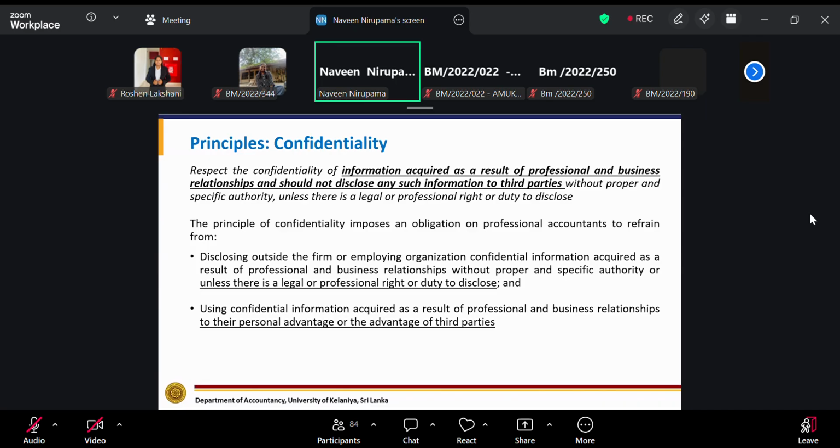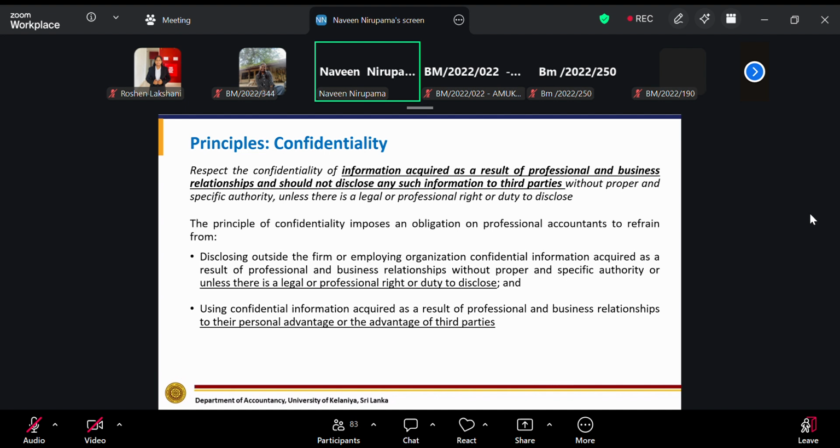Here you can see the principle of confidentiality enforces an obligation on professional accountants to refrain from disclosing outside the firm or employing organization confidential information acquired as a result of professional and business relationships, without proper and specific authority or unless there is a legal or professional right or duty to disclose.